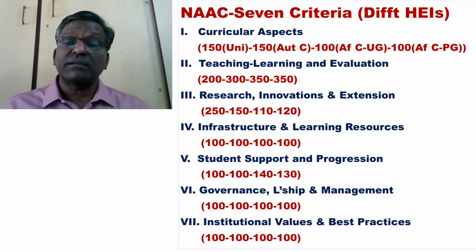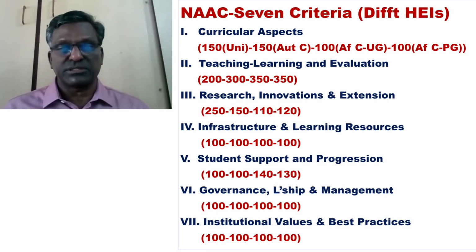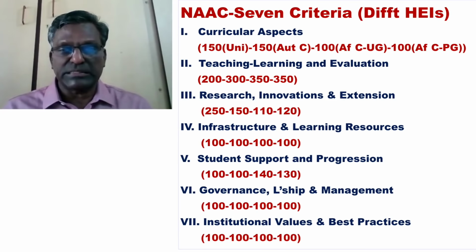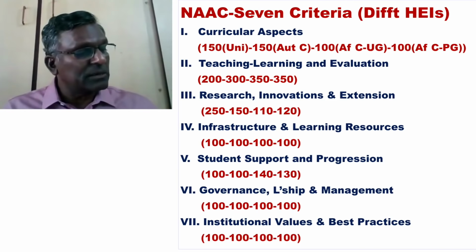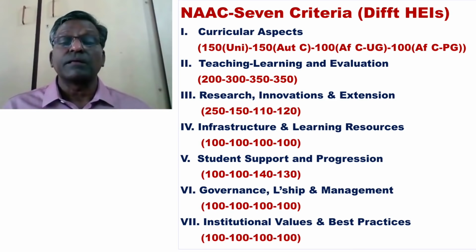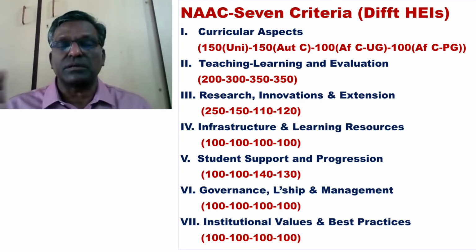Now, NAAC recognizes these differences. So what NAAC has done is, while the 7 criteria are the same for all institutions, the distribution of weightage is different. So please remember there are 2 things. Number one, for all the higher educational institutions, the 7 criteria are the same, but the allocation of marks, the distribution of marks, is different.